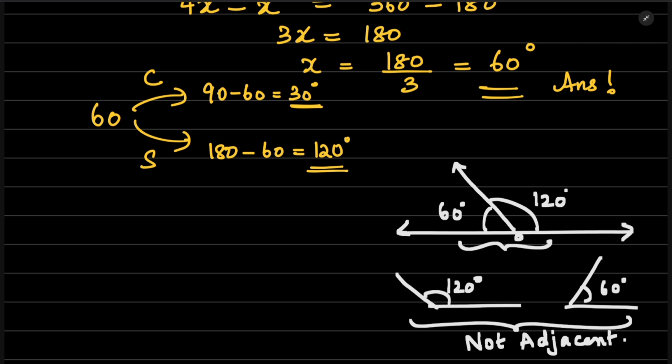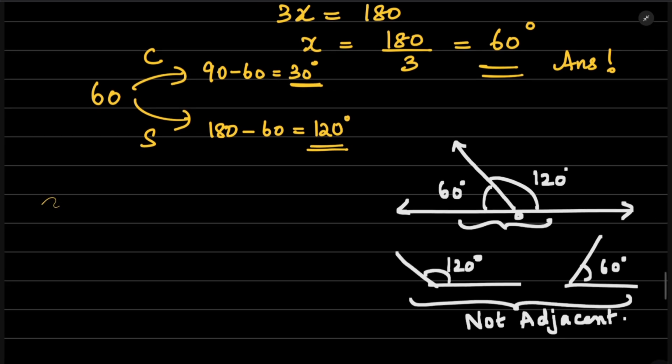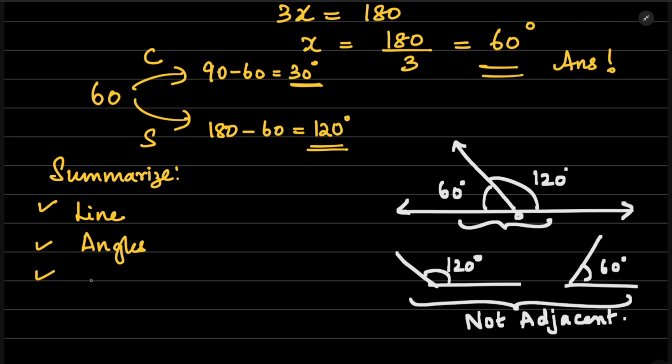So with this, I will just pause the video. Today in this video we just completed, to summarize, we started with understanding line segment, ray, and then angles, and then adjacent angles.